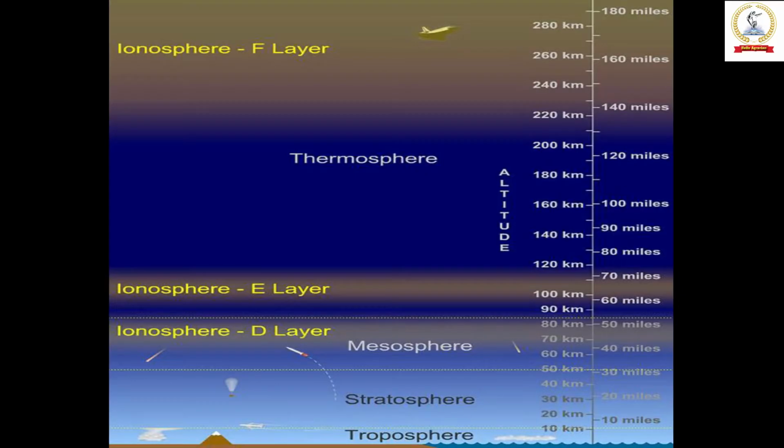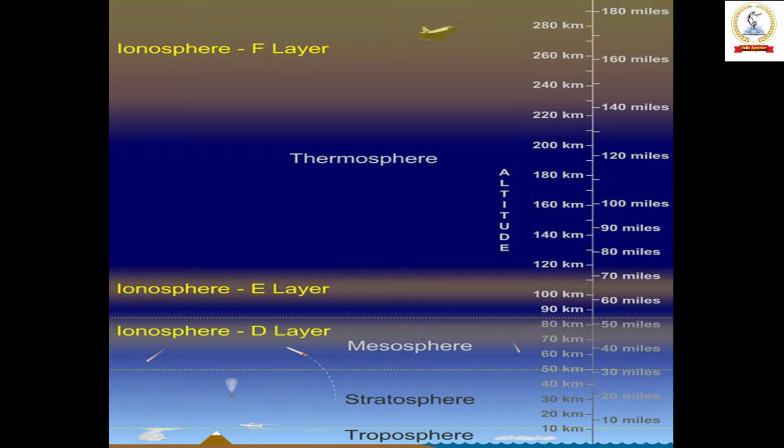The ionosphere has three main regions called the D layer, the E layer and the F layer. These regions don't have sharp boundaries, and the altitude or height of the ionosphere varies during the course of day and night hours and from season to season.